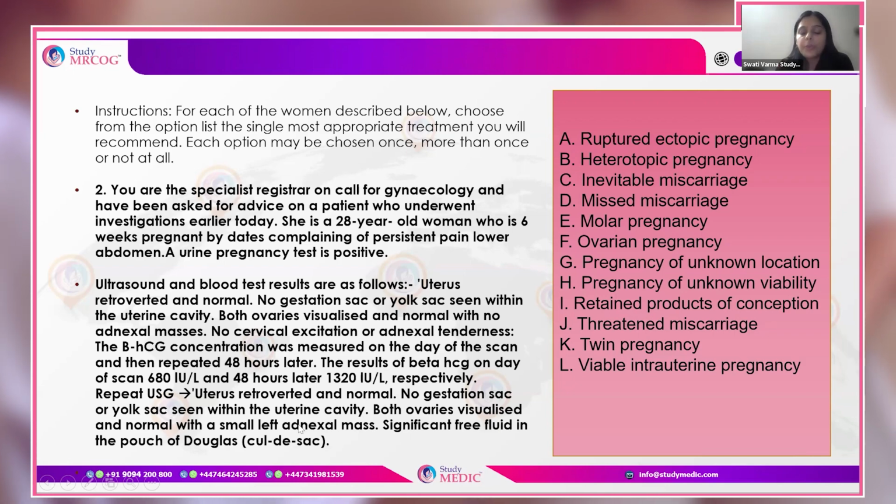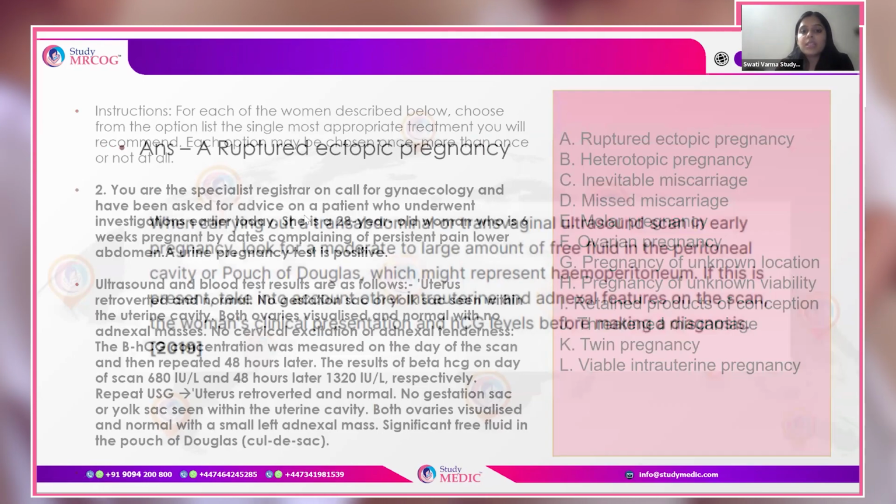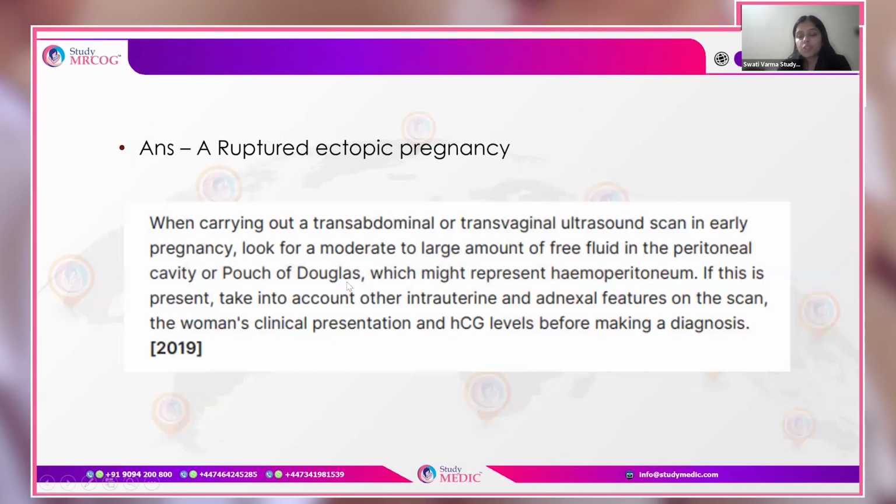Here, repeat USG shows a small left adnexal mass and significant free fluid in the pouch of Douglas. So this is very much suggestive of ruptured ectopic pregnancy because of the direction in which the beta HCG is going and also the left adnexal mass and free fluid in the pouch of Douglas. This points towards the diagnosis of ruptured ectopic.